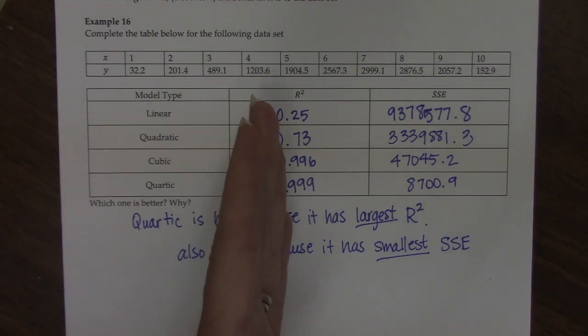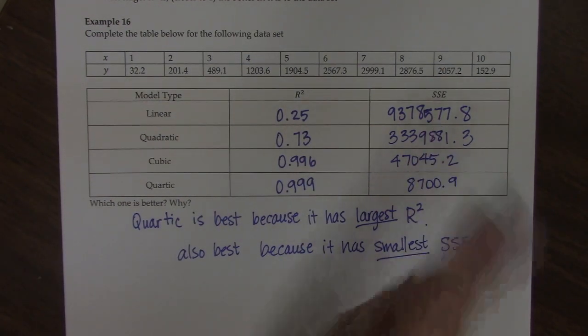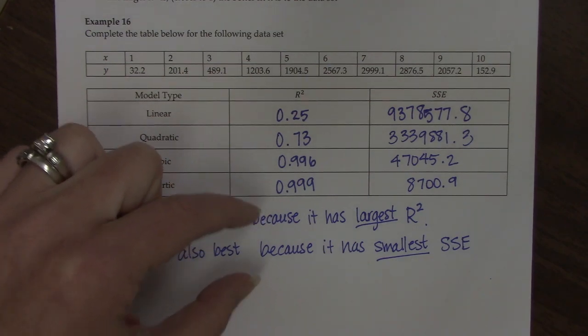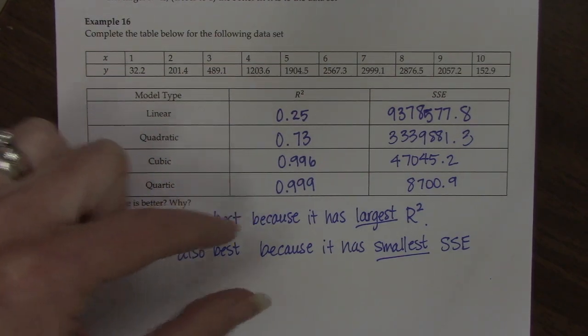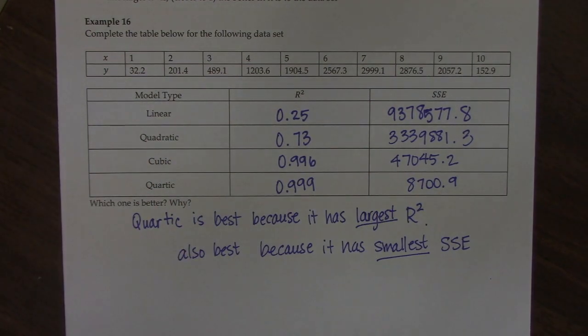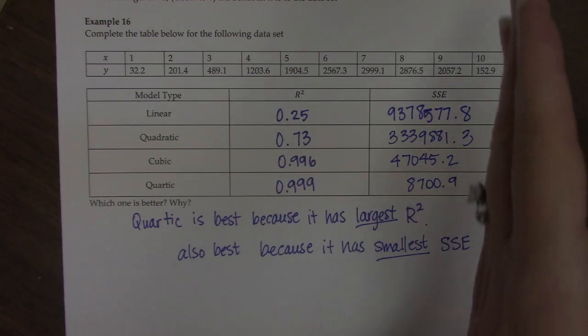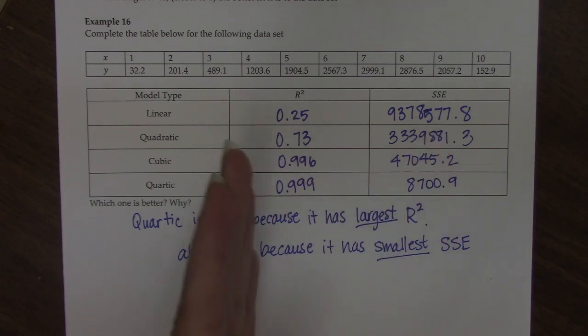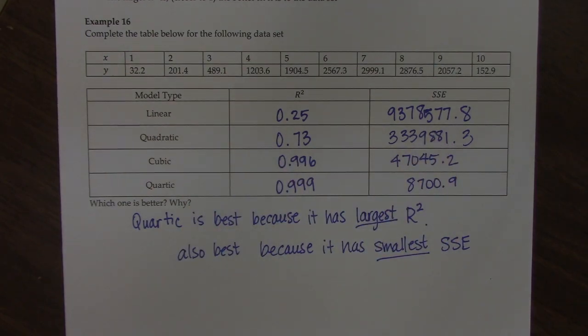You can look at its R squared, or you can look at its SSE. These two things should always give you the same answer. So the biggest R squared should correspond with the smallest SSE. You may be asked to only do it one way or the other, but I just showed you how you could do both, and by storing the functions and naming them appropriately, you can really reduce the work if you're more comfortable with one way over the other.